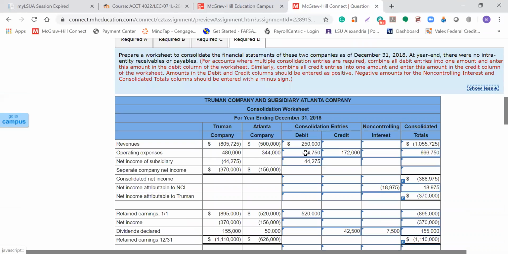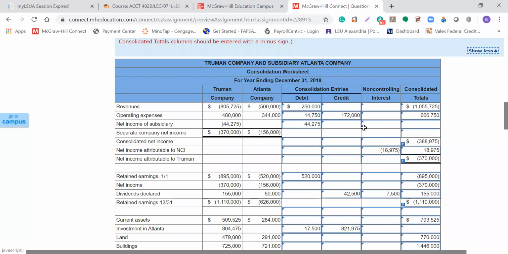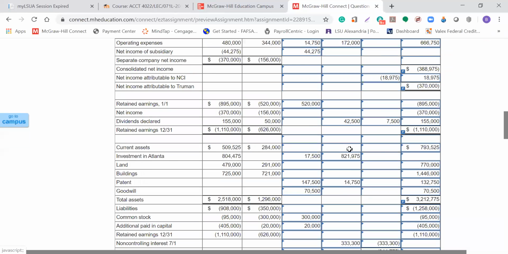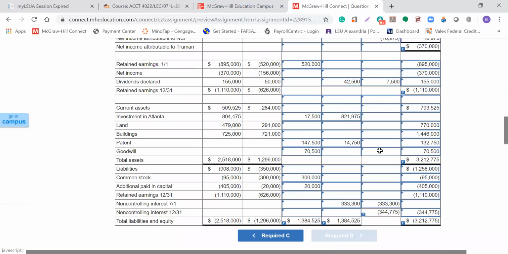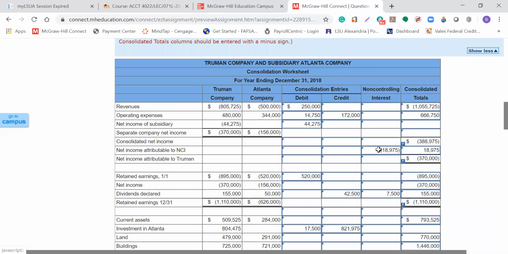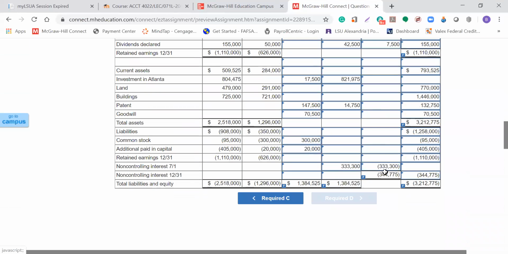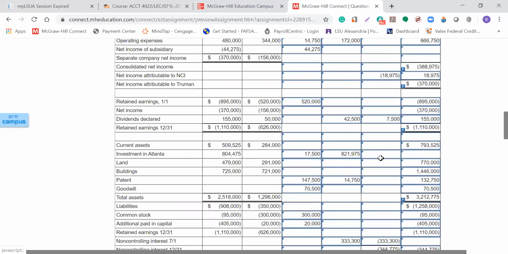Part D requires us to complete the worksheet. Again, we have entries much the same as in the previous problems, and we have to take into account our controlling and non-controlling interest, with only entries for the non-controlling interest showing up in that column.